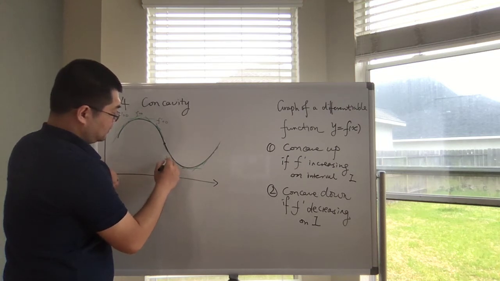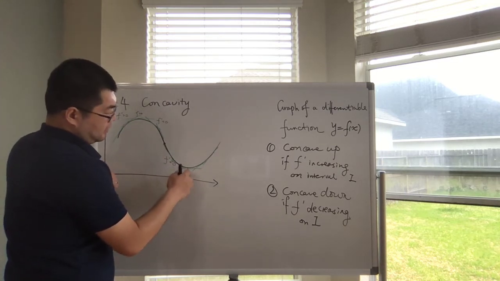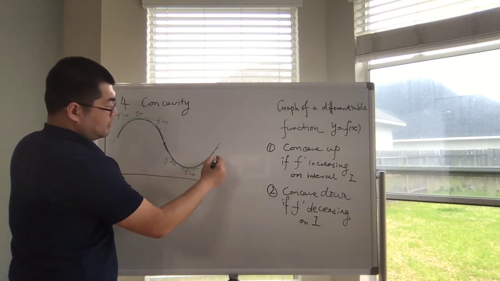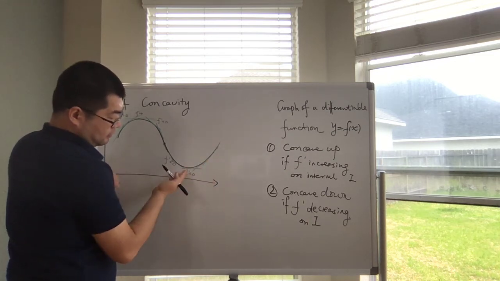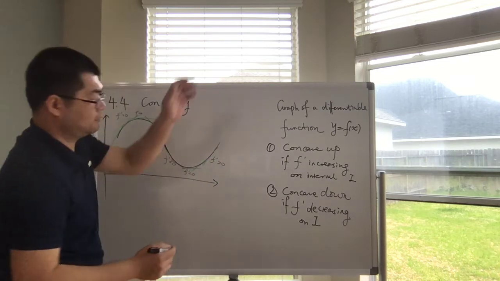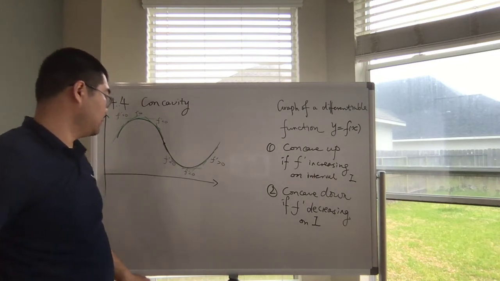So for this part, the derivative is less than 0. Up to this point, the derivative becomes 0. And then starting from here, after crossing this part, do you agree that our slope is greater than 0?